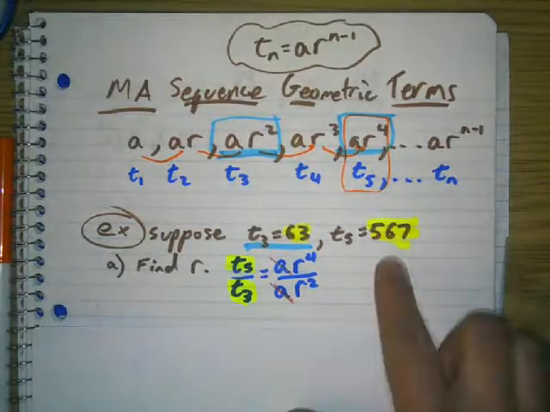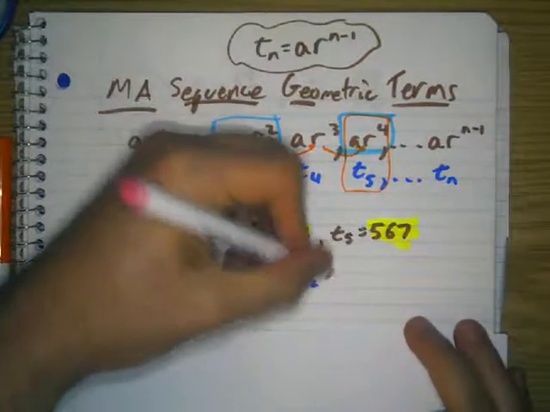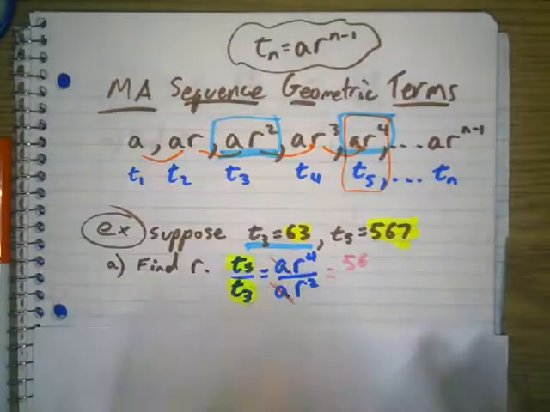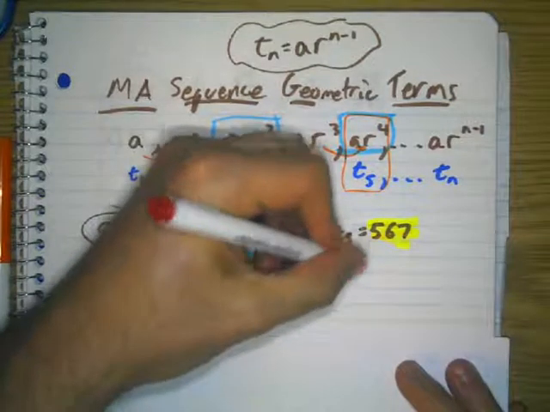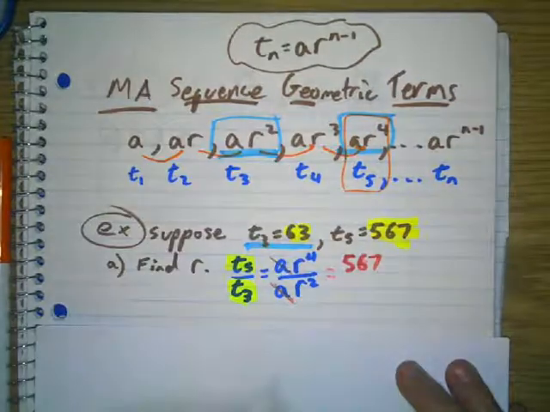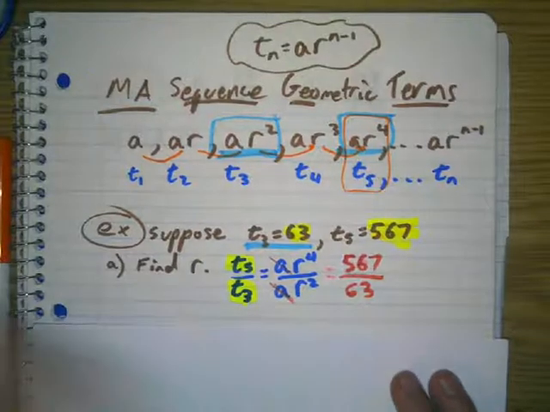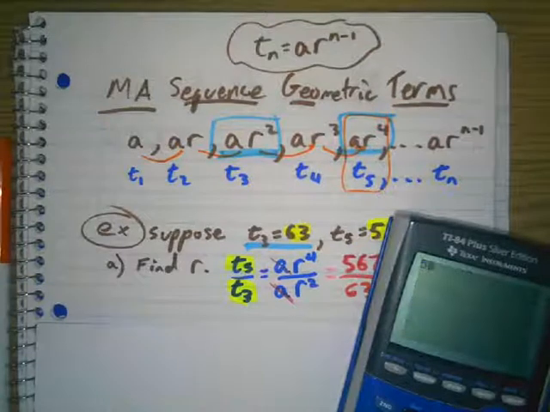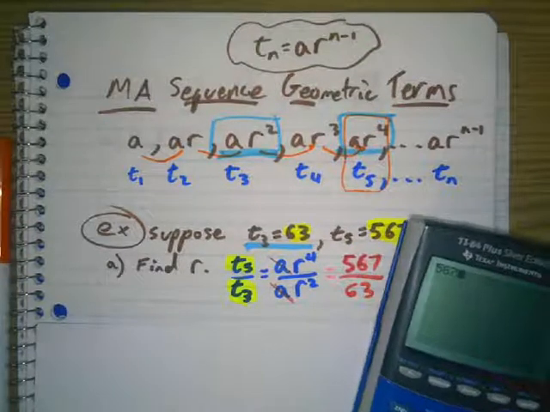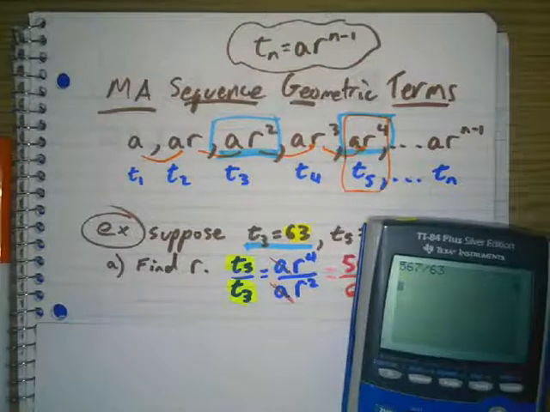Okay, so let's write this out like this. We've got 567 divided by 63. Okay, well, I can use my calculator for that. 567 divided by 63, and I get 9.